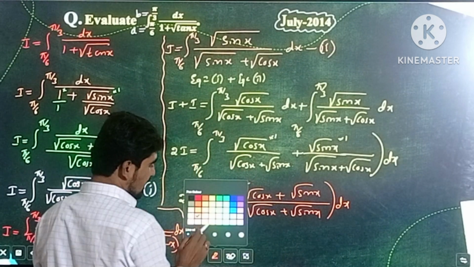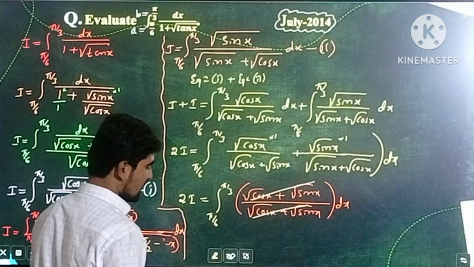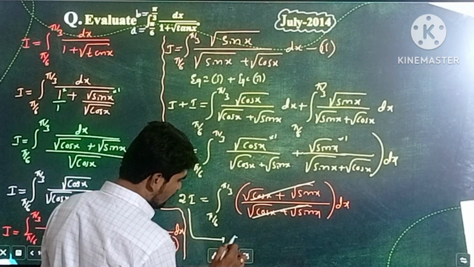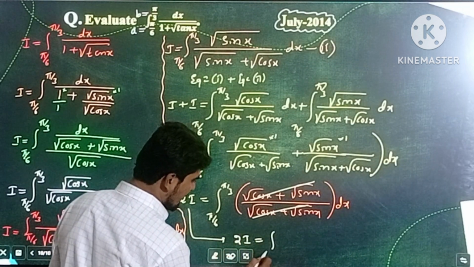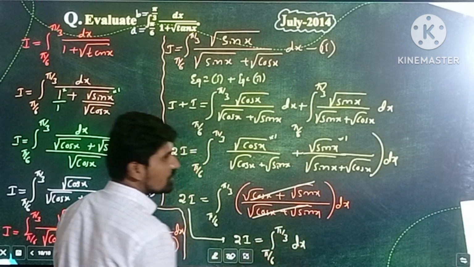Now observe here, both the numerator and denominator are same, so we can cancel. After cancelling, we have 2i is equals to integration from pi by 6 to pi by 3 dx.